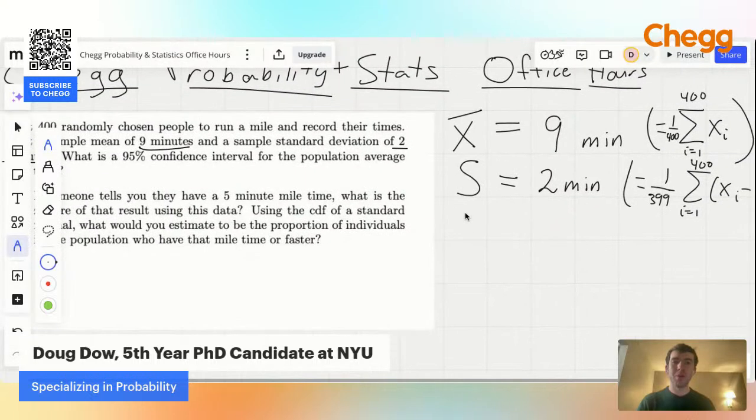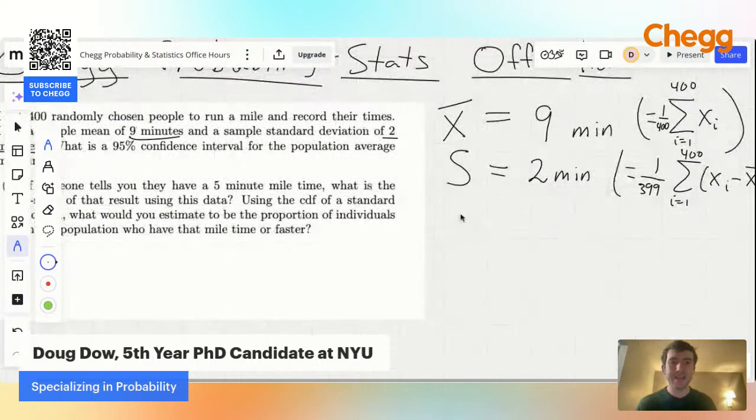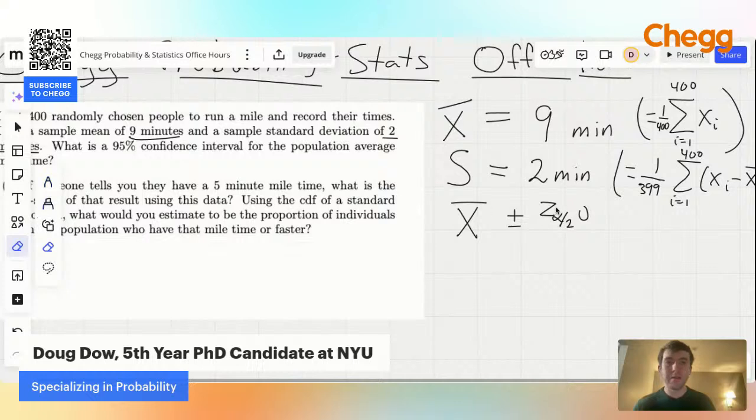So yeah, let's compute that. The formula for this is, what we do is we take our sample mean, and the upper and lower bounds. One way to write this often is we say the confidence interval is x bar plus or minus what's called a z value, z alpha over 2, times standard deviation, sigma, divided by square root n.